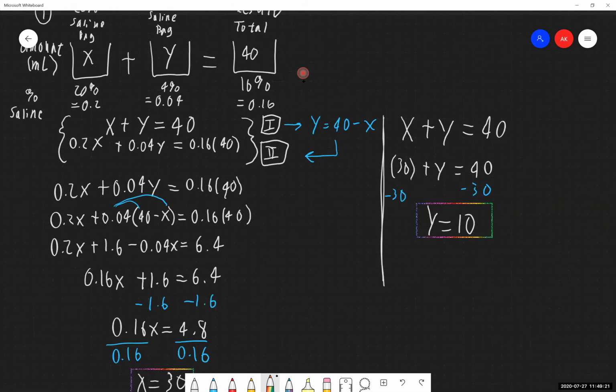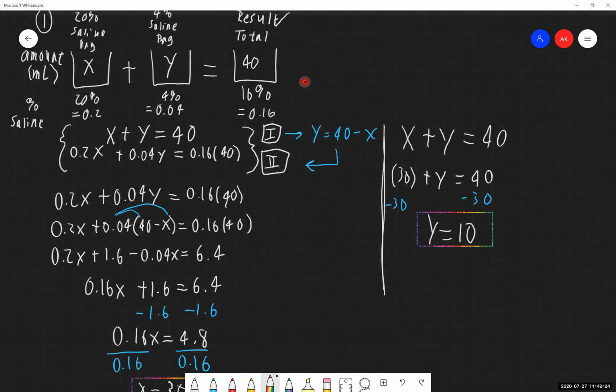So I know we've had mixture problems in the past where we are working with mixing amounts of coins together, where our setup was very similar, at least with our tables, but when we went to create our equations, we had to do that a little bit differently. So the setup is very similar, but when we make equations, we're working with something different now.